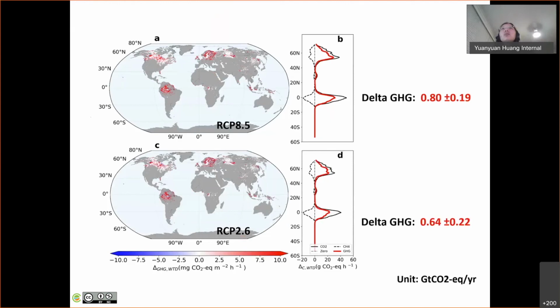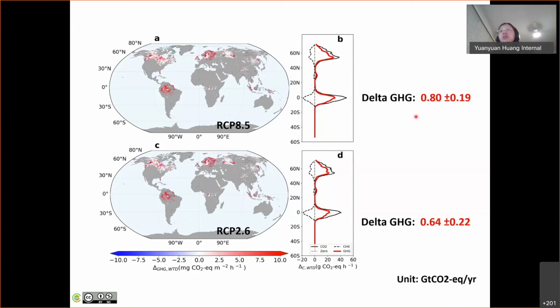Under RCP 8.5, a scenario where we don't take any action to mitigate our fossil fuel carbon dioxide emissions, we will face a future in which peatlands contribute more greenhouse gas to the atmosphere.